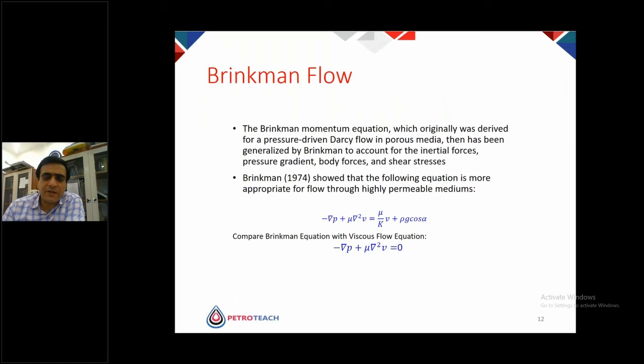After Darcy, researchers observed that there are some other flowing conditions like Brinkman flow, as you can see here. In this slide, you can see the equations, which are a little bit different from the Darcy equation. The other flowing condition is the viscous flow, or Navier-Stokes flow equation. It's quite different from Darcy, but researchers have already shown that the Darcy equation can be derived from the Navier-Stokes equation as well.